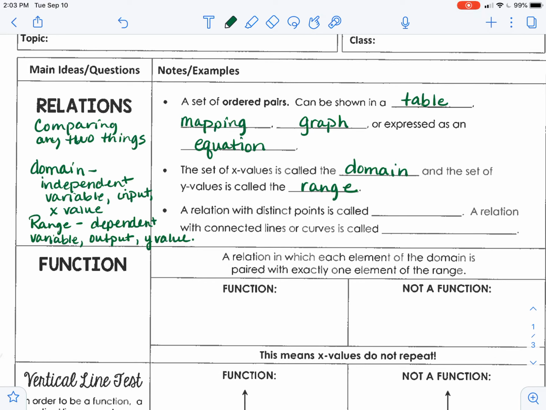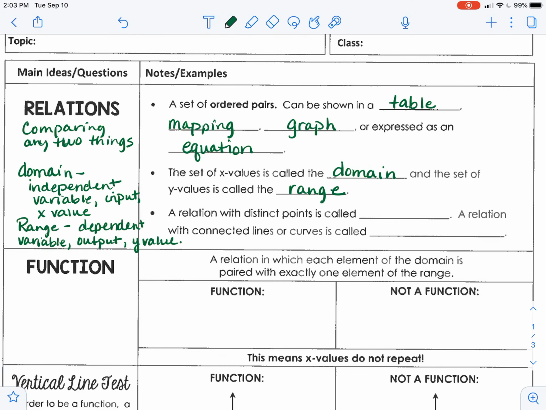So a relation with distinct points, let's talk about that. We're talking about when we're graphing. If it has distinct points, in other words, we're going to say that they are countable, I can count exactly how many points there are. That kind of graph is called a discrete graph.